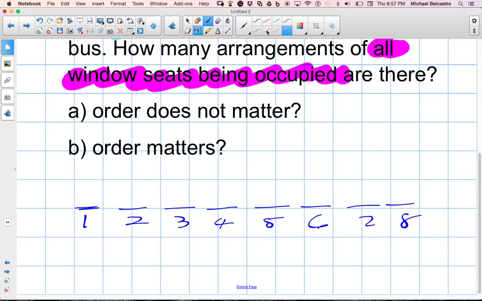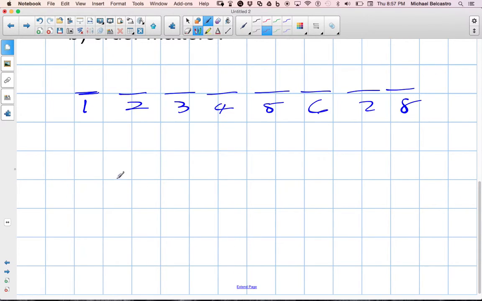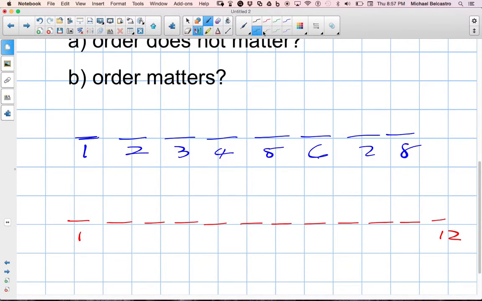And then there were 12 aisle seats: 1, 2, 3, 4, 5, 6, 7, 8, 9, 10, 11, 12. So we know there are a total of 12 aisle seats here. And then we have 10 people. So let's fill this up.